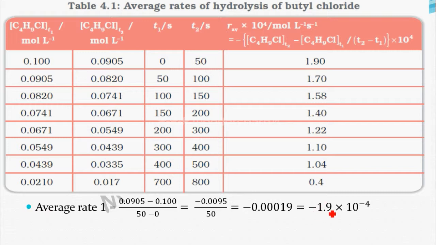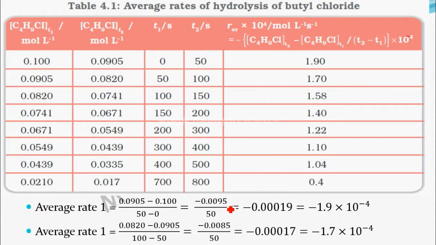You will get the average rate as 1.9 into 10 to the power minus 4. See here, the value 1.9 into 10 to the power minus 4 he has given wrong here. It has to be minus 4. All these values are in terms of 10 to the power minus 4.